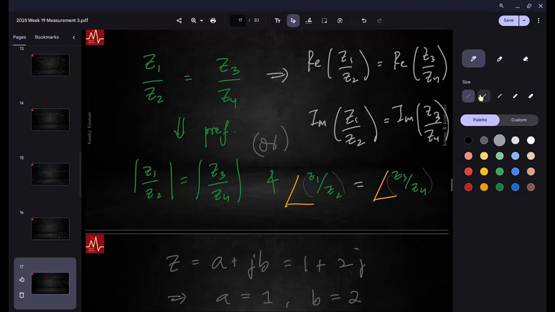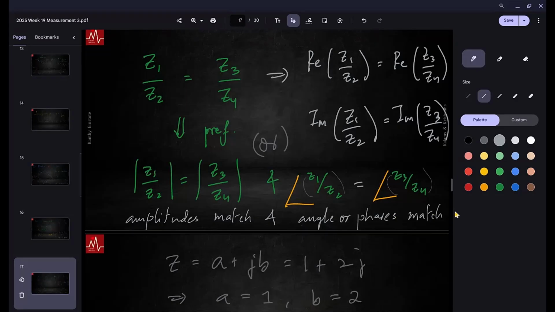Again, let me write this. So amplitudes match, and angles or phases match. If it's a sinusoidal signal, they all differ by phases. Okay, so phases match.